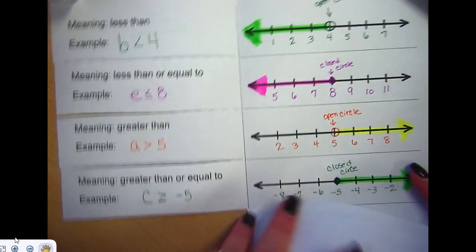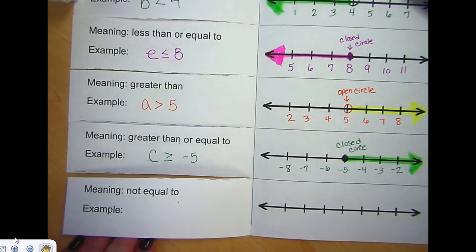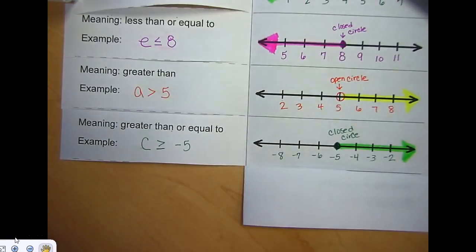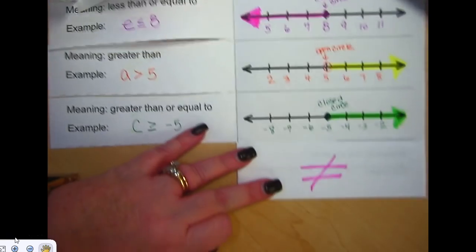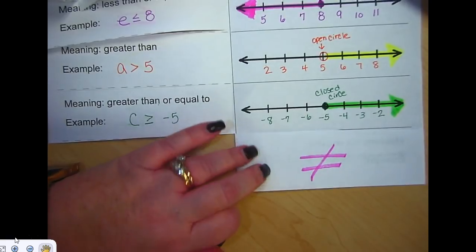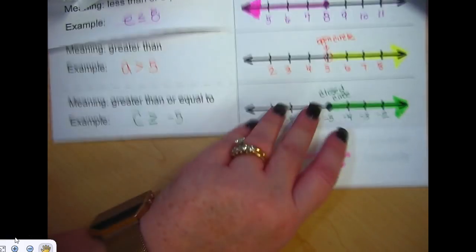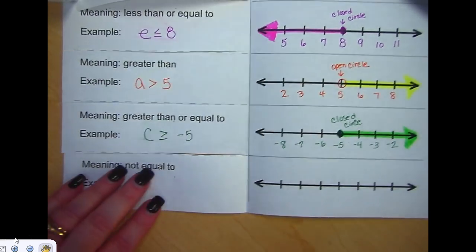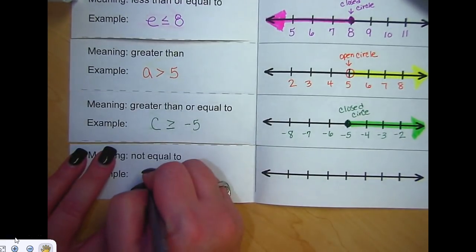Okay, the last one that we're going to do is not equal to. That looks like an equal sign, but with a slash drawn through it. So we could say S is not equal to 3.